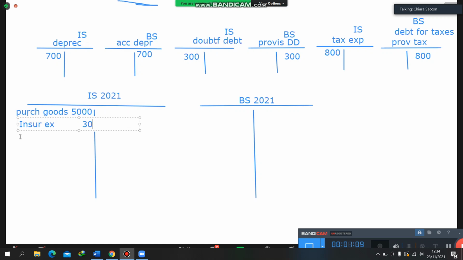Okay, then please try to look at the different expenses to be included in the income statement, okay? So insurance expenses, then wages, 2,000.